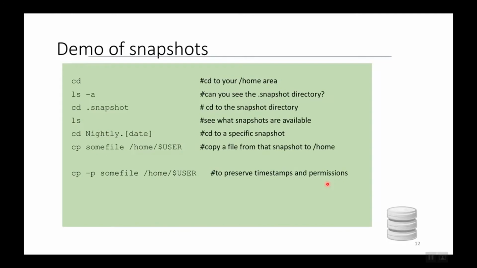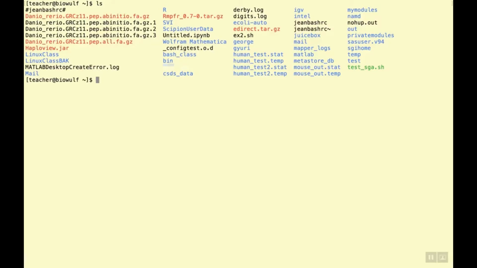So, we will do a brief demo of snapshots. So, let's look at snapshots in practice. Here I am in my home directory, and let's suppose I accidentally delete something.